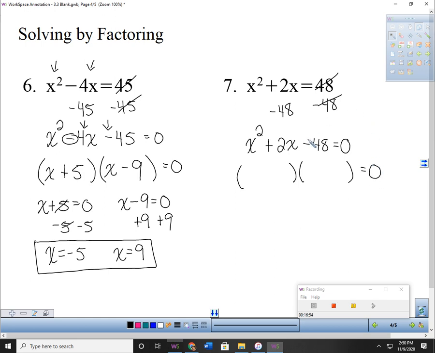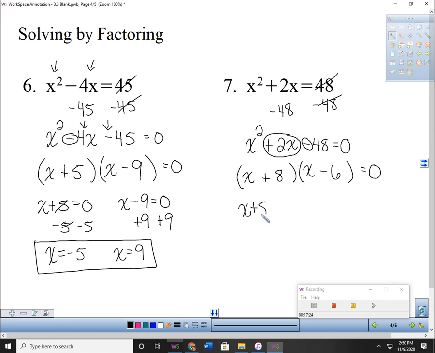So again, minus at the back, so that means I have plus and a minus, x and x. And what's going to multiply to make 48 and subtract to make 2? 8 and 6. And I want this middle number to be positive. So I'm going to put the 8 with the positive and the 6 over here because 8 and negative 6 make positive 2. Then I set those both equal to 0.